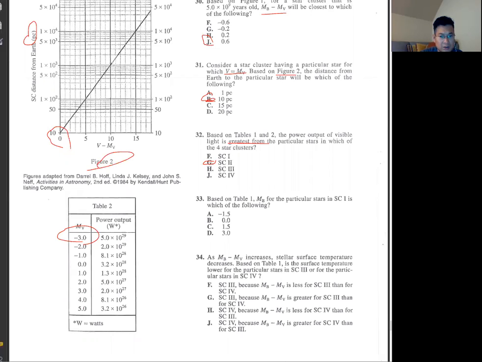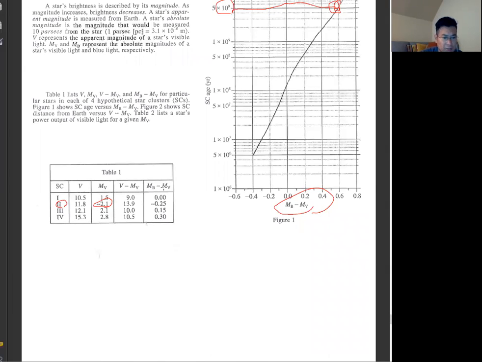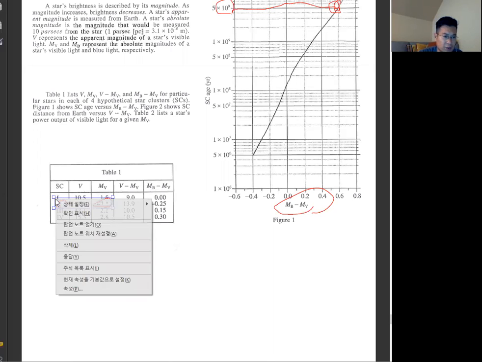And based on table 1, MB for the particular stars in SC1 is which of the following? So table 1, MB, the SC1 is the one they're looking for.